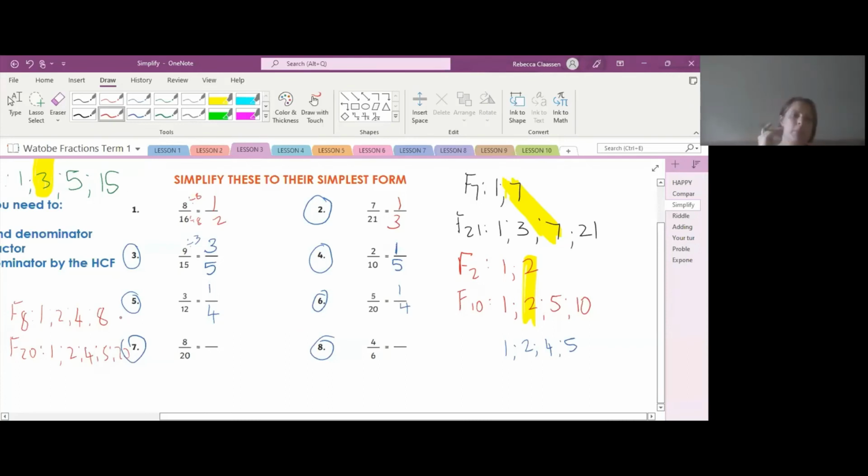Okay. And what's the biggest number that's in both lists? 4 is in both lists. We're going to divide both of them by 4. 8 divided by 4 is 2. And 20 divided by 4 is 5. Okay. Thank you.